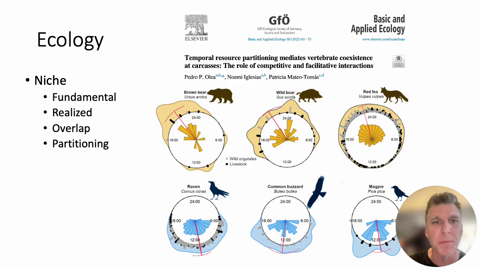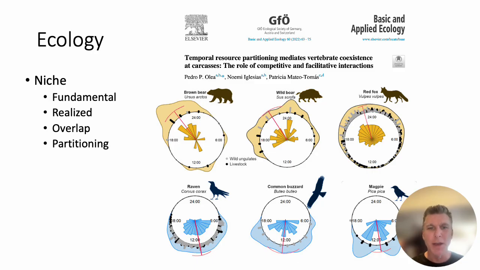This example here is from a paper in, I think, 2022. I can't quite read it with my bad eyesight, but it's showing a really cool case of partitioning prey where carcasses, so dead animals that a lot of things eat, the time when things are eating them gets split up.